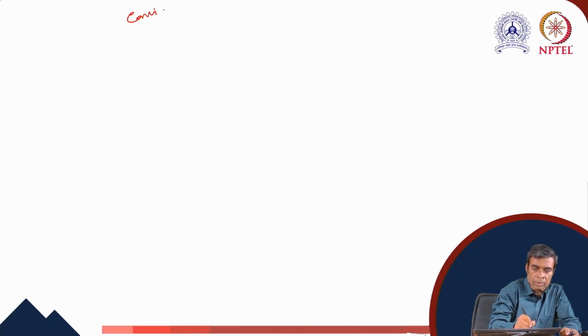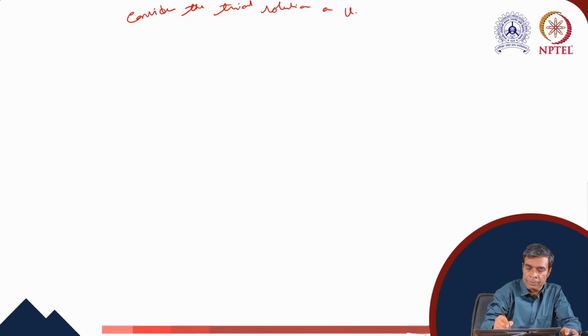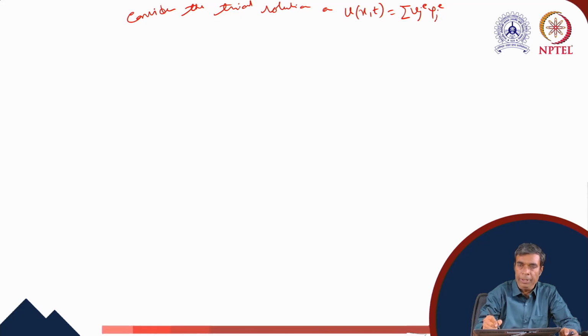Consider the trial solution as u(x,t) equals summation of uj ψj, where uj is a function of time and ψj is a function of space only, plus summation of ub ψb(x), where b belongs to ηg and j equals 1 to nen. uje is a function of time.